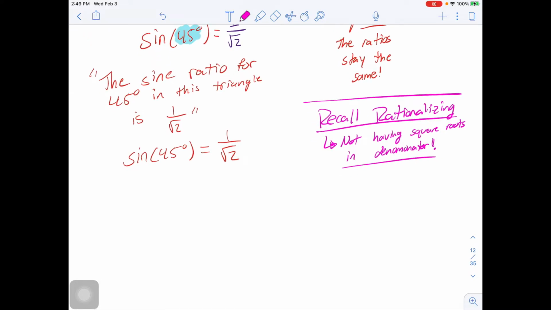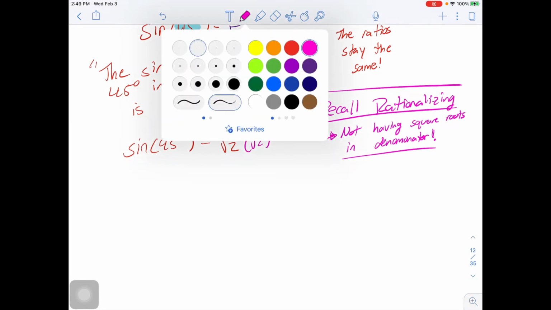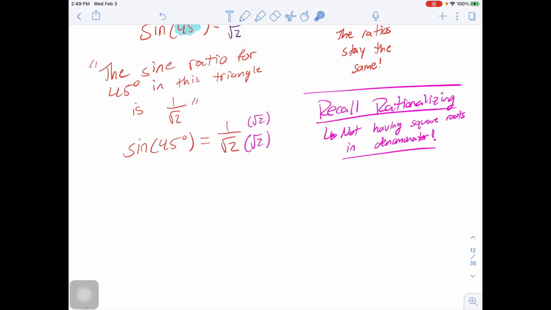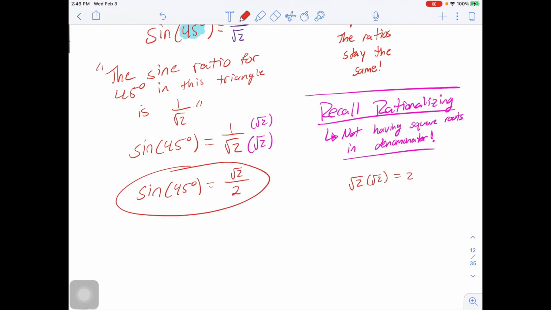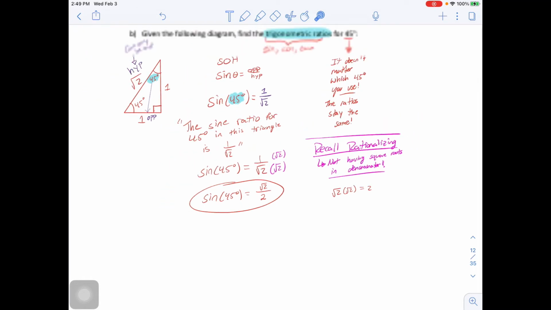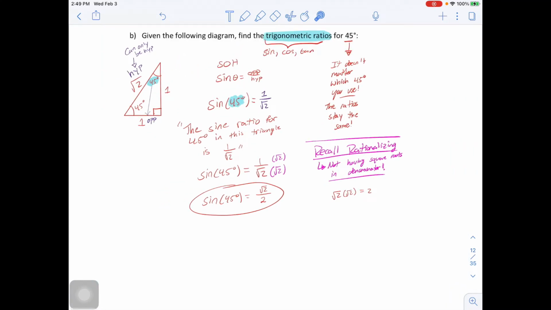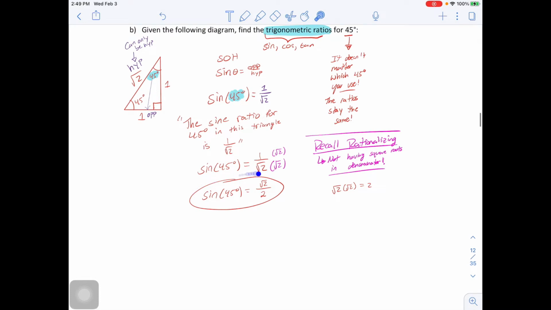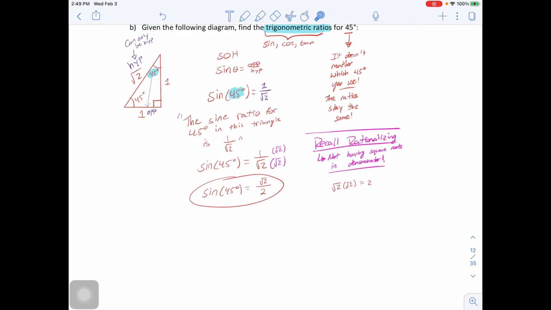Well, you're going to multiply the top and the bottom by root 2. And that's as simple as that, because square root 2 times square root 2 cancels each other out, and you're left with root 2 over root 2 times root 2, which equals 2. Something to note, this you do not have to do at the moment. If you left it as this, I would mark it correctly, unless otherwise told that you have to show rationalization. That will probably be later on in the course. But for now, just focus on knowing how to find the ratios here.